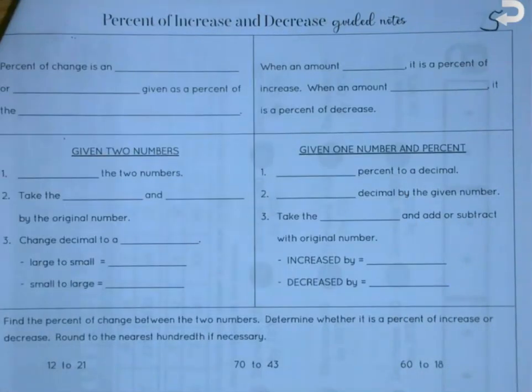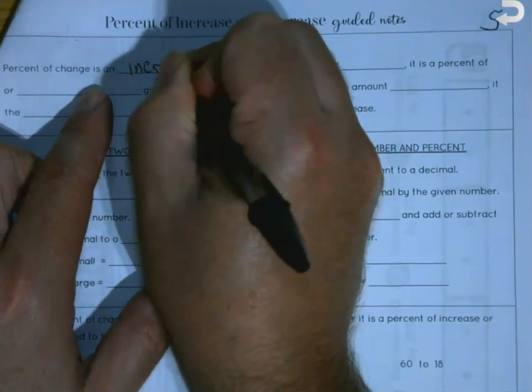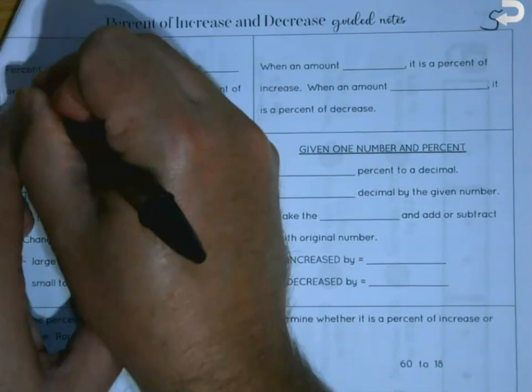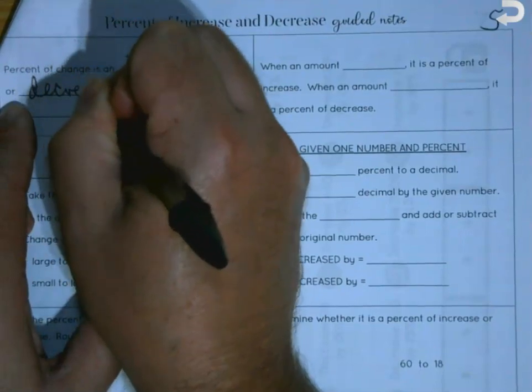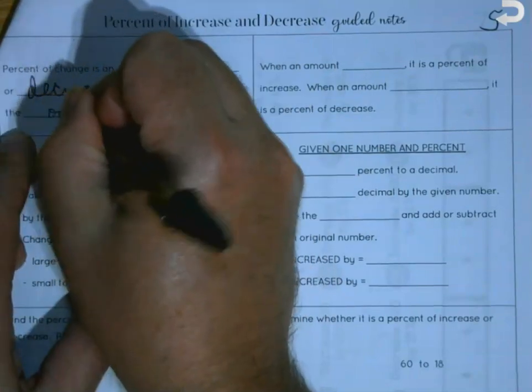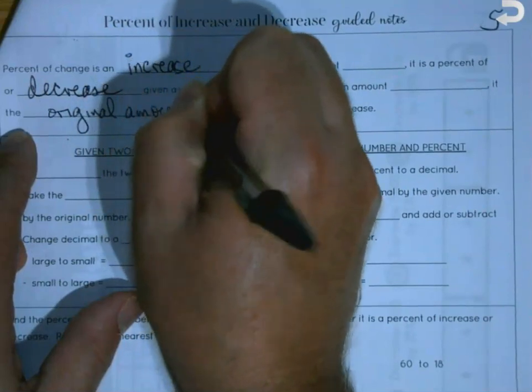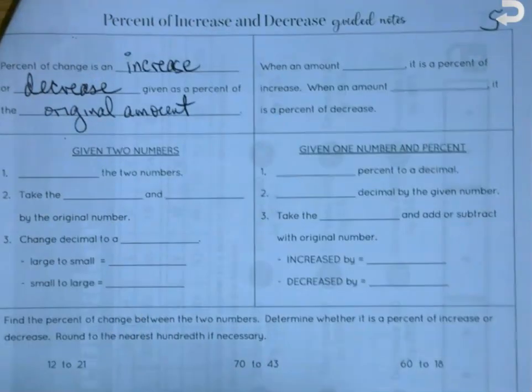So percent of change, how much does something change as a percentage over time, is going to be an increase or decrease given as a percentage of the original amount. Now, if that doesn't make all the sense in the world right now, do not worry about that yet. We're going to explain that here so you can see how that works.